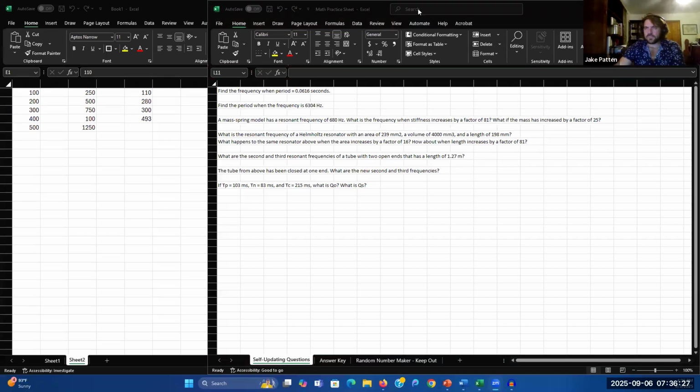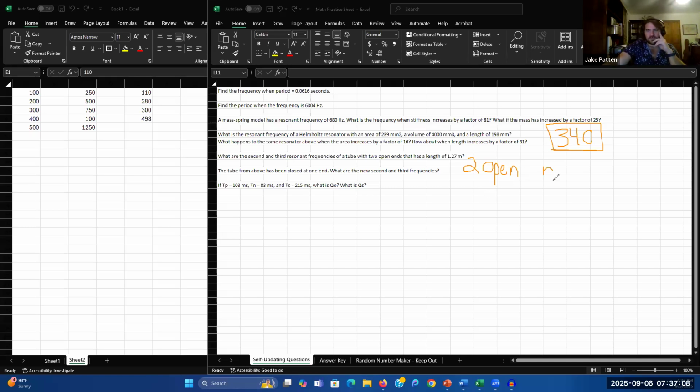The difference between a tube closed at one end or no ends is that the formula is a little bit different. Speed of sound is the same, right? Speed of sound is always 340, so make sure you use 340 as your speed of sound. But if you have two open ends, one of the big differences is that every harmonic is at play in a tube that's open at two ends.